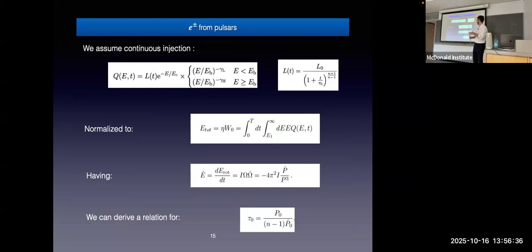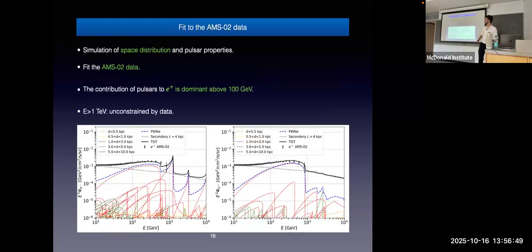If the tau zero is very small, the pulsar is converting all its rotational energy very quickly, and so it is almost a burst-like source. So if we assume that a pulsar has emitted all of its particles early in its life, those particles were emitted immediately, and then they cool down. The cooling time depends also on the age, of course, because they were emitted only at that point.